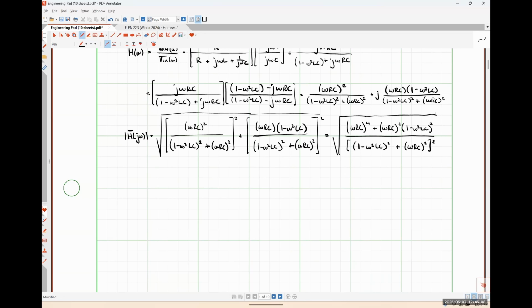So I can pull a common factor of omega RC squared out of that numerator.